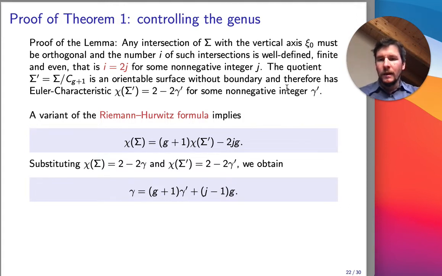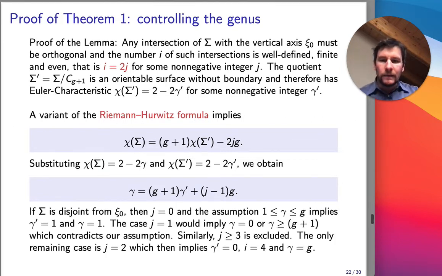Okay? So, plugging in Euler characteristic being 2 minus 2 gamma or 2 minus 2 gamma prime, we get this identity here. Okay, that's just the same formula now with Euler characteristic rewritten. Okay? Now let's look at how can we satisfy this.